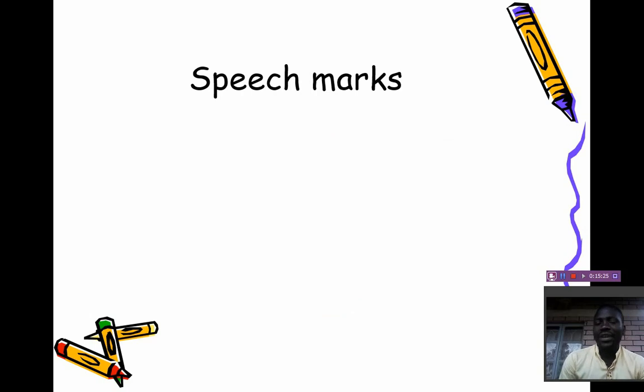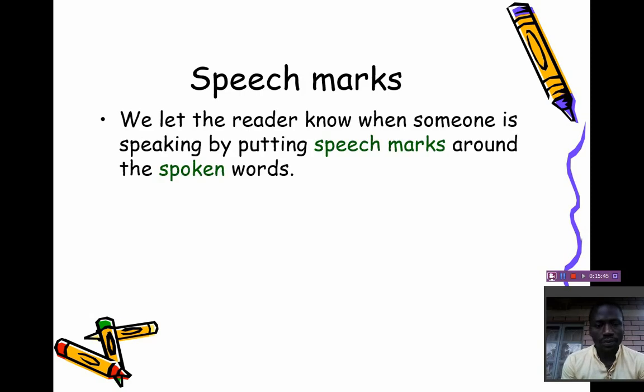Then they have speech marks. Speech marks, most people call them quotation marks. Why? Because they quote the words spoken by a certain person, and if somebody else is reporting them, then they have to quote those exact words that were given by a certain speaker. So we let the reader know when someone is speaking by putting the speech marks around the spoken words.